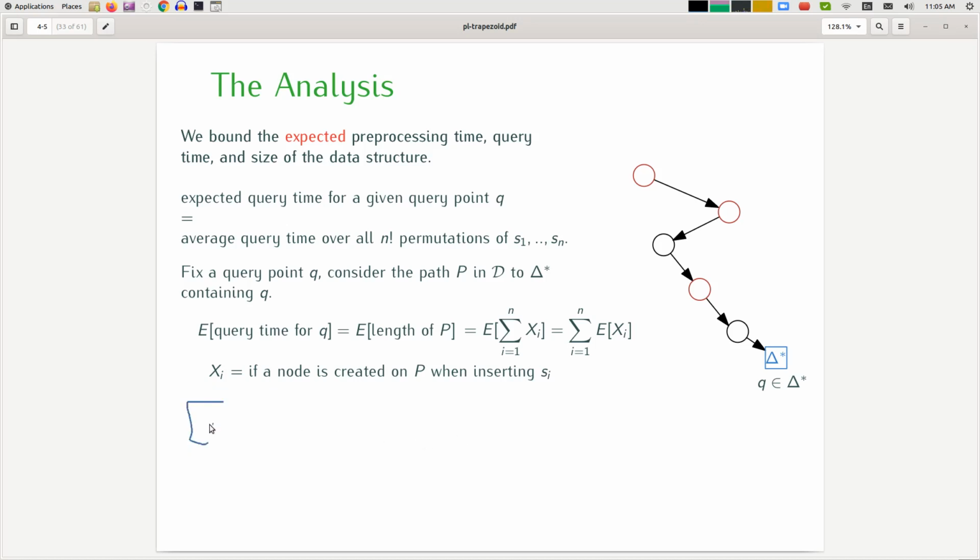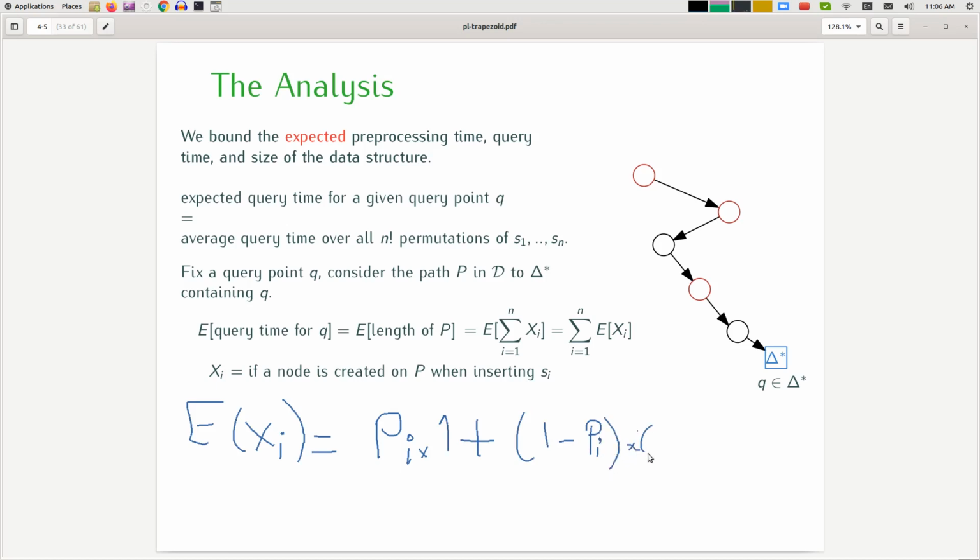So what is the expected value of xi? Xi has only 2 possibilities. So this is the probability that it is 1 times the value of xi, which is 1, plus the probability that it is 0, 1 minus pi, times the value of this random variable, which is 0.